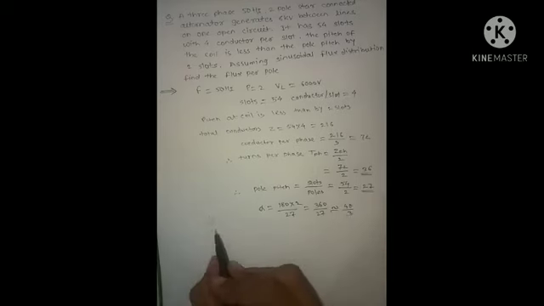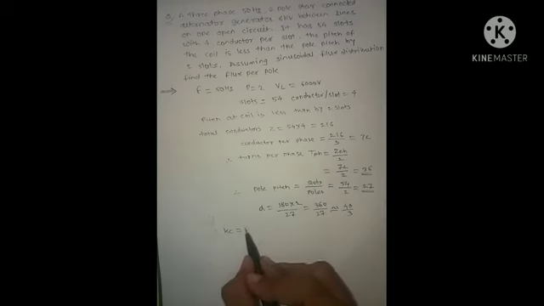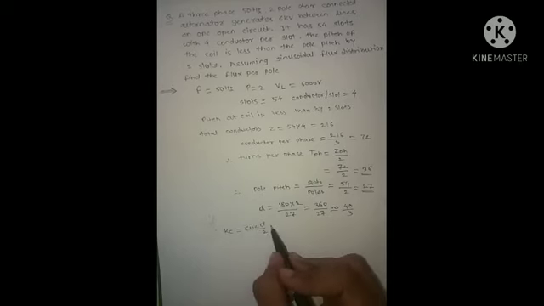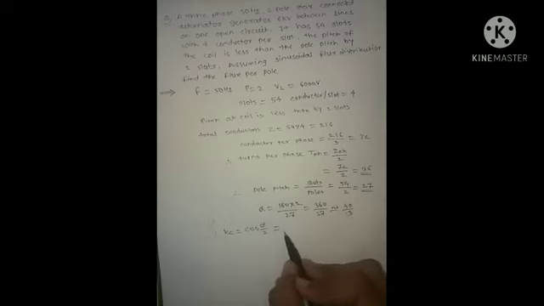Therefore Kc equals cos of alpha upon 2. Now we have to put the value of alpha in this equation.